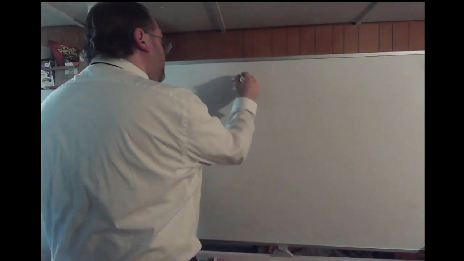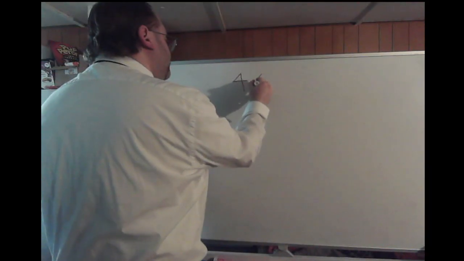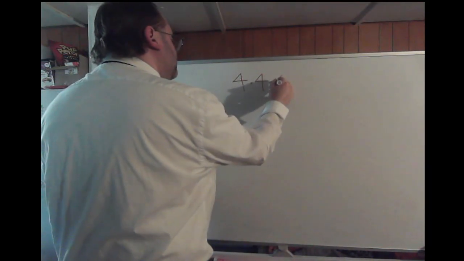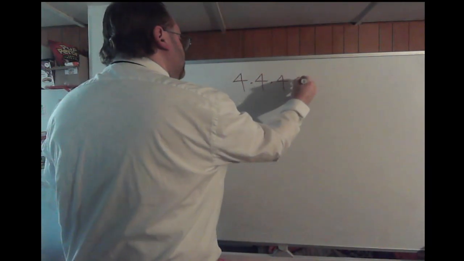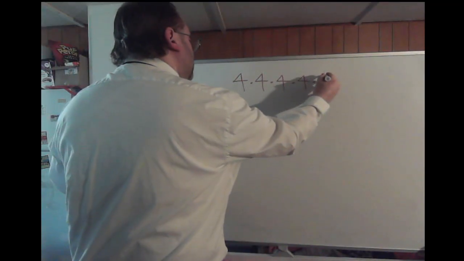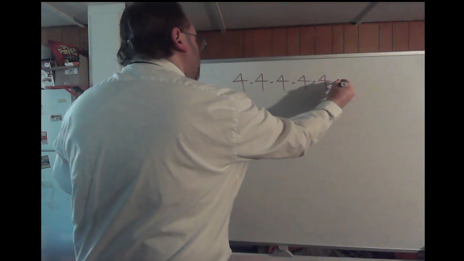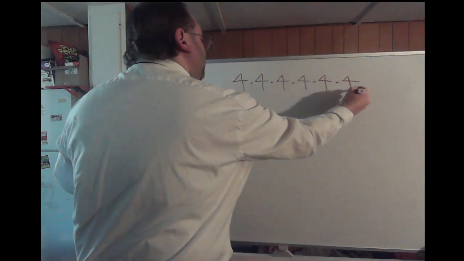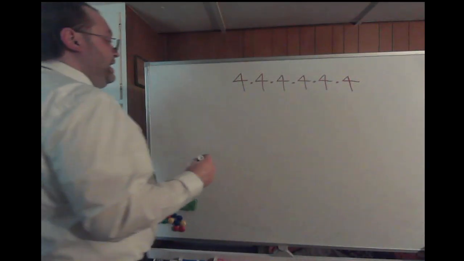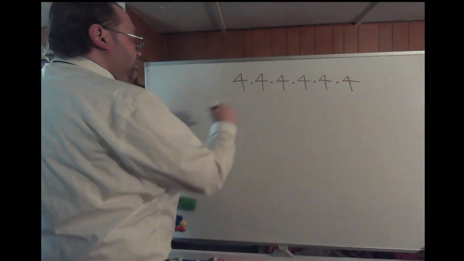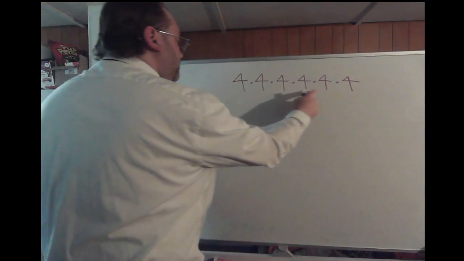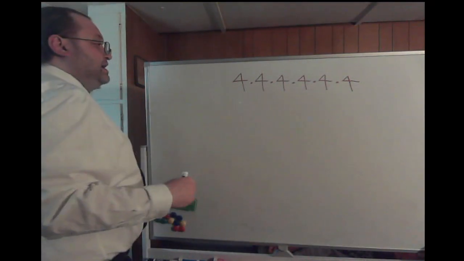So we have 4 times 4 times 4 times 4 times 4 times 4. Okay? So we have how many 4s here? 1, 2, 3, 4, 5, 6.